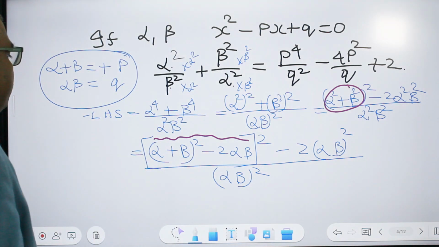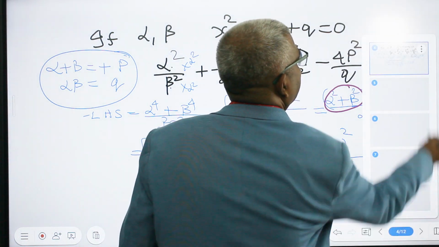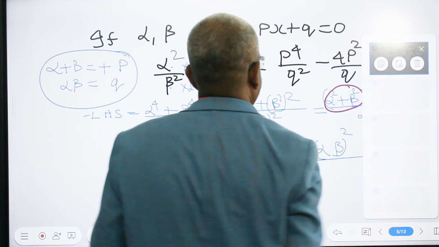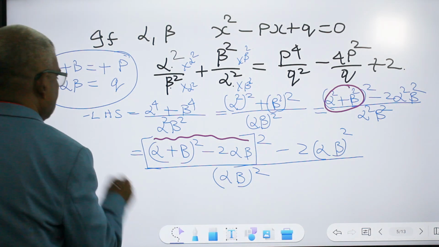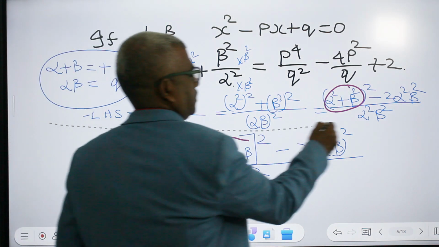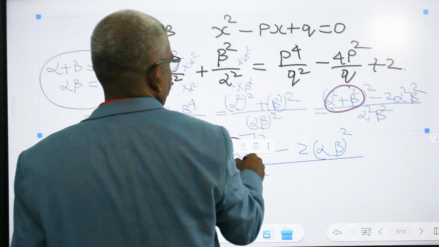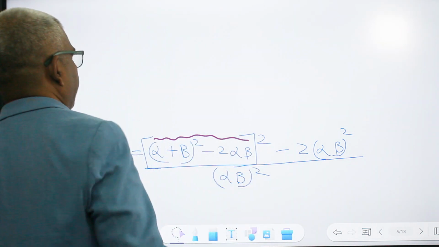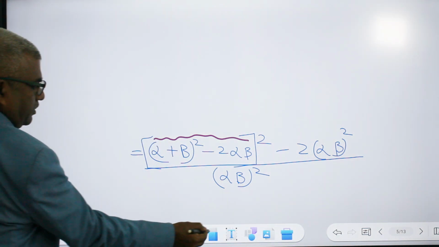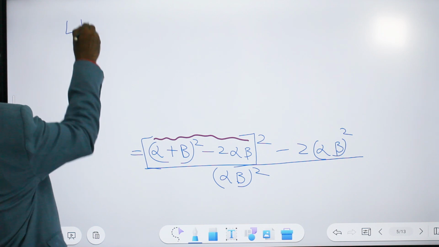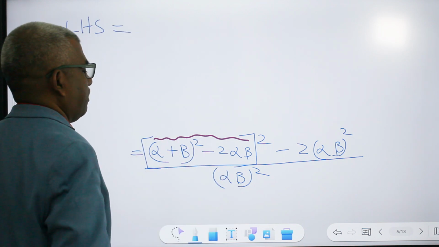Copy down until now. Now left hand side becomes like this. Alpha plus beta whole square minus 2 alpha beta.